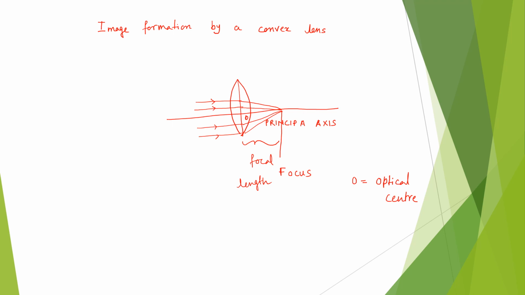So this is the focus. You can see that light rays after passing through the convex lens converge to meet at a point. So a convex lens is also known as a converging lens.